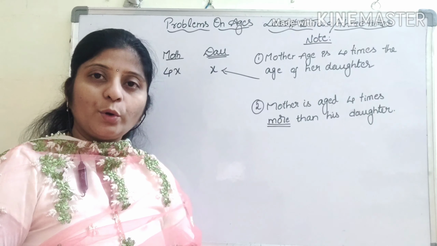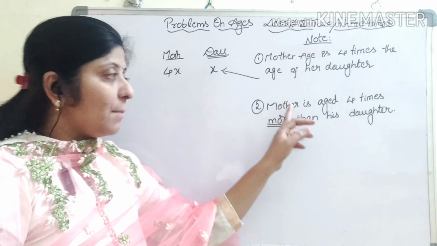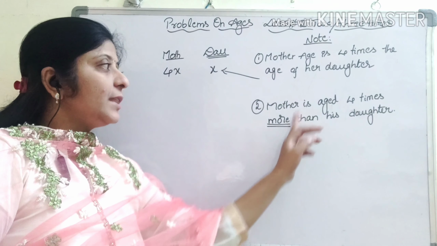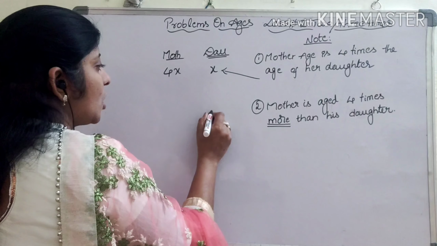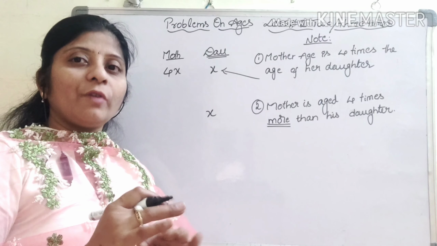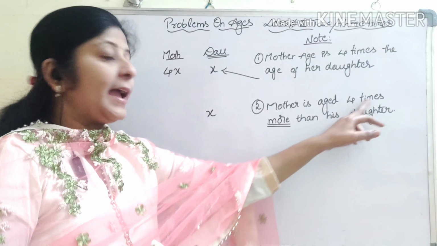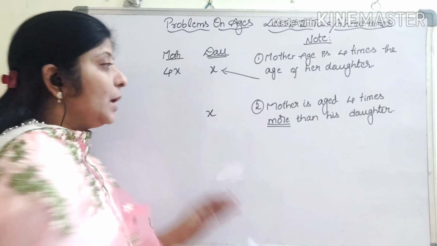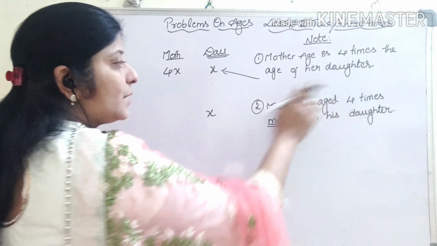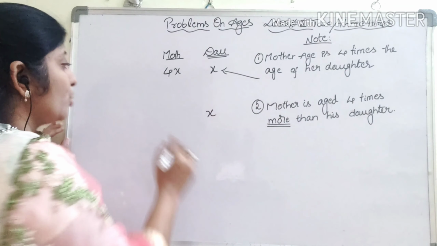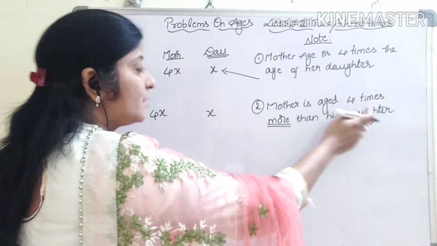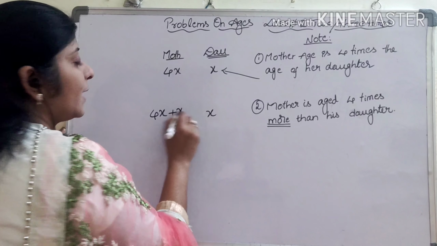Let us go to the second one. Mother is aged 4 times more than her daughter. Let us consider daughter's age is x. More than means we will add. Times means we will multiply. So, mother's age is 4 times more than the daughter, which is 4x plus x.